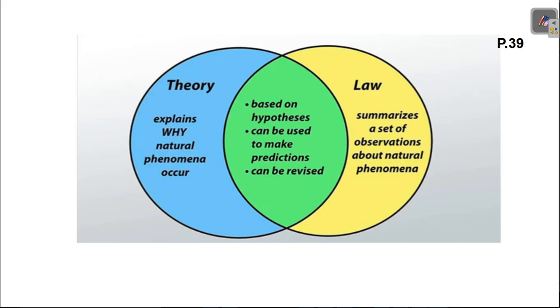You move from theory to law. That's what happens, okay? If something keeps happening the same way and all the scientists agree on it, it becomes a theory. And if over time that theory proves to be true, so even though maybe we have new instruments that help us measure things, we have new discoveries, but it still holds true, then it becomes a law.